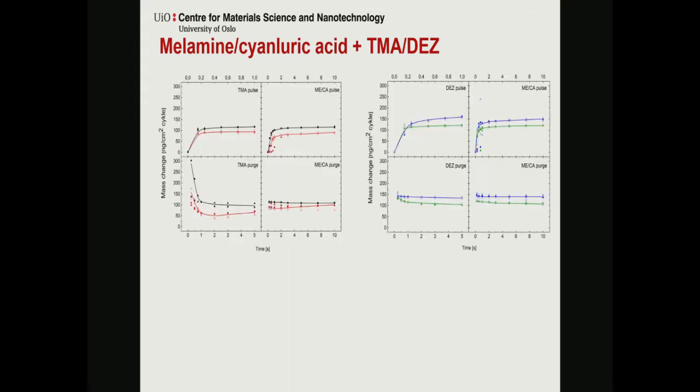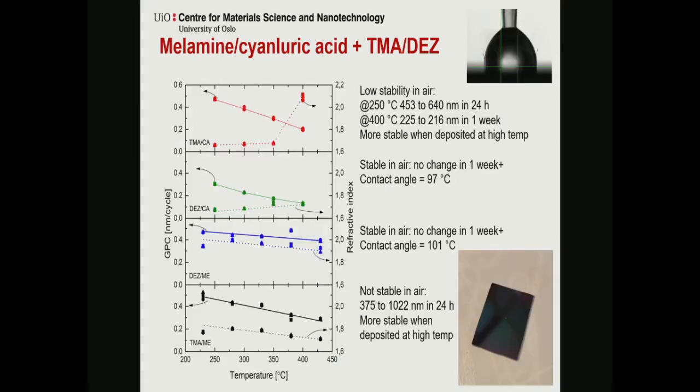But what we saw in effect is that when we took out the films made with aluminium, they reacted with air. If you look at this one, this is the trimethyl aluminium with melamine. We just tried to take one and place a droplet of water on it to see what happened.